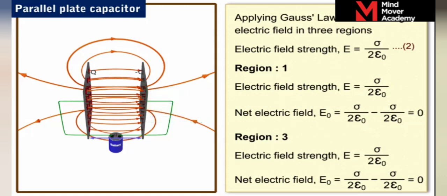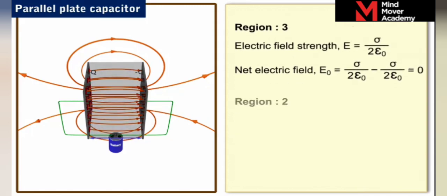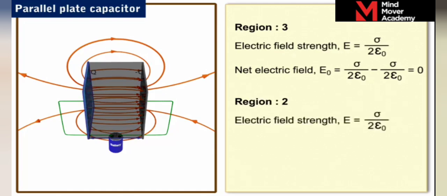Now, let us look at region 2 between the plates of the capacitor. In region 2, we see that due to the positive plate of the capacitor, the electric field strength E is equal to sigma by 2 epsilon naught and directed away from the positive plate and towards the right.